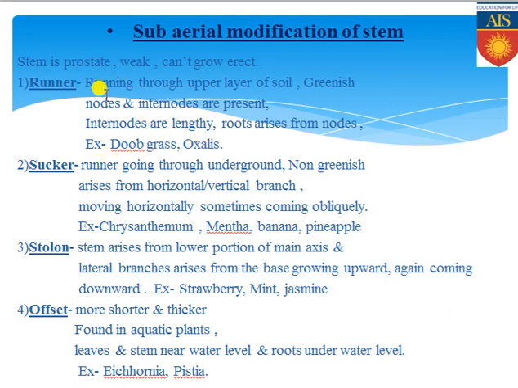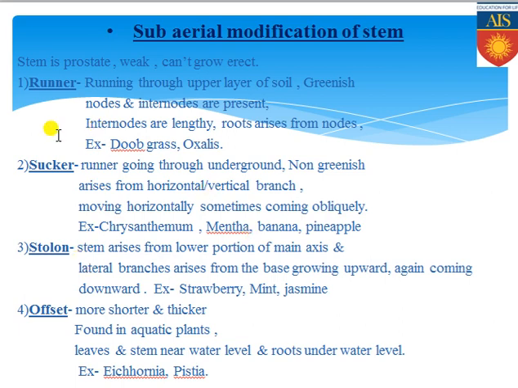So runner is exclusively the type of stem which runs through the ground surface, and that's why the name runner has been given, and they move horizontally. The stem is prostrate and weak, and can't grow erect.